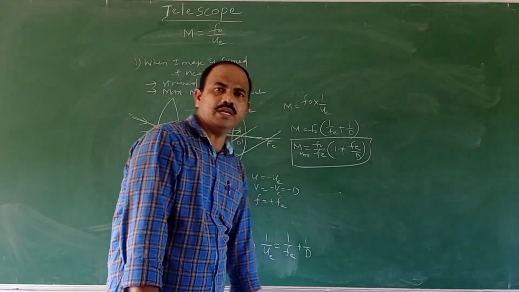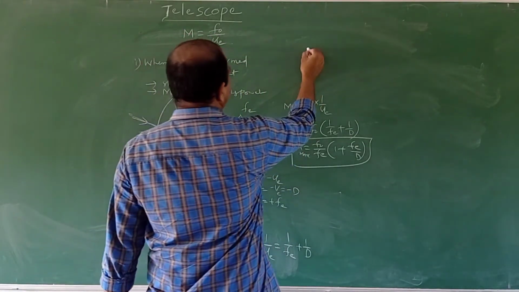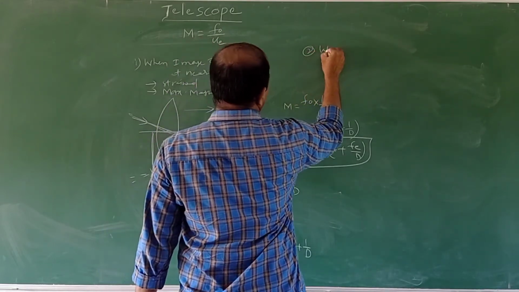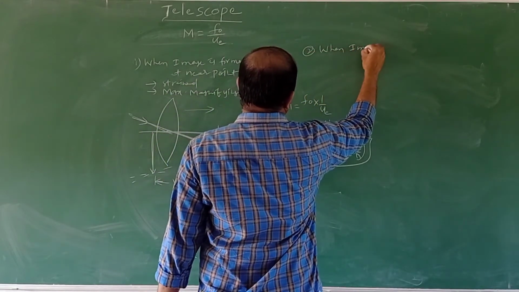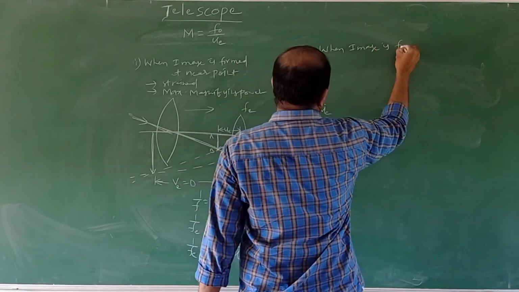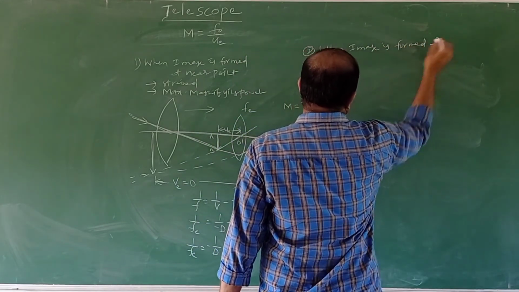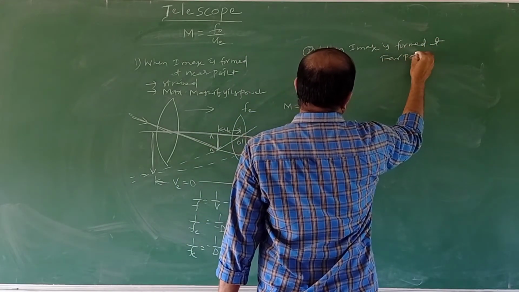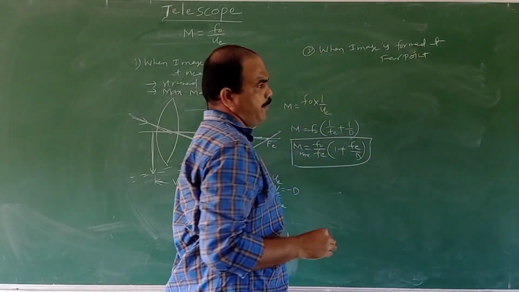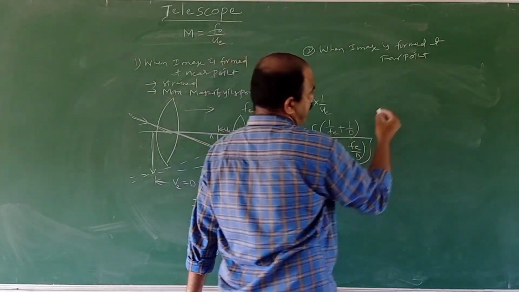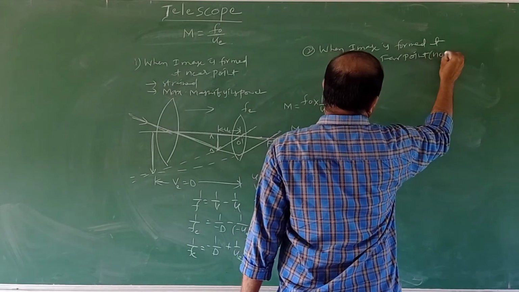And next one, the second case is when the image is formed at the far point. When the image is formed at the far point, it is also called normal adjustment.